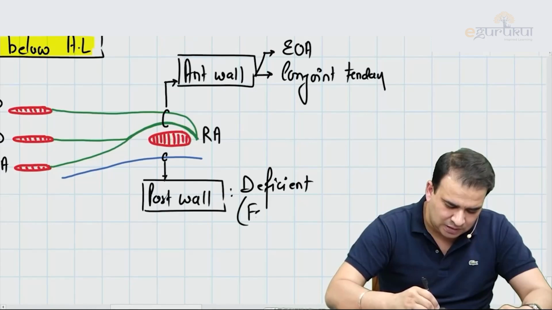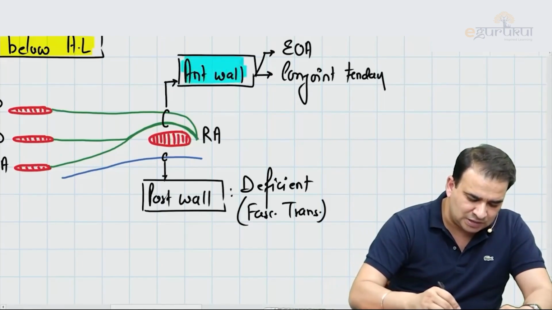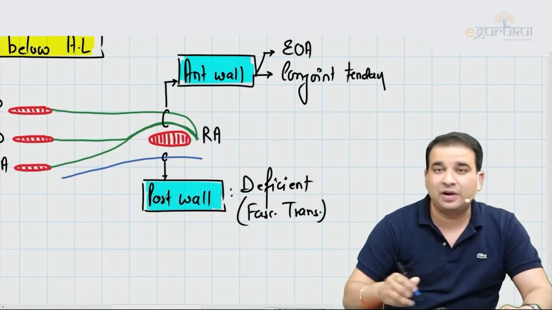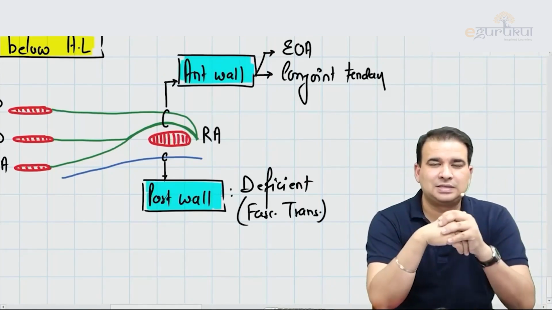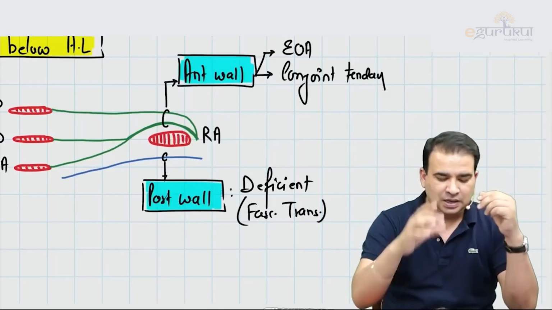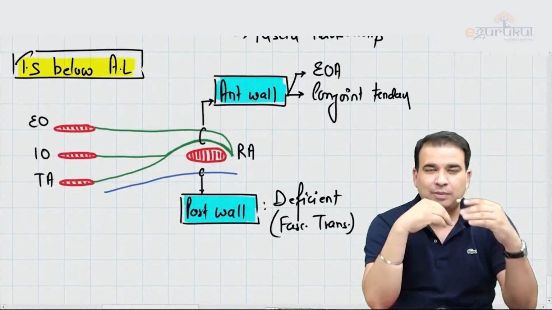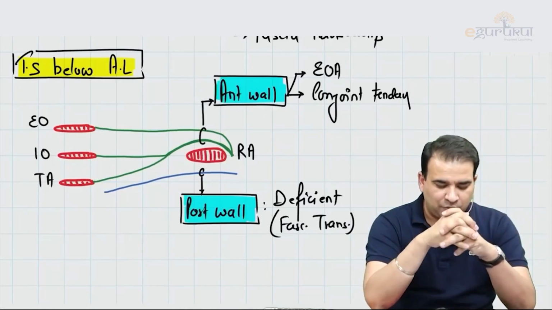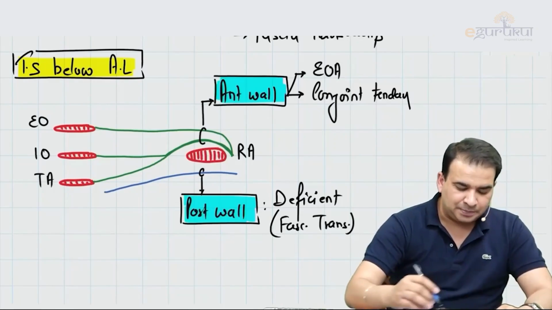All we have here is the fascia transversalis. It's a deficient wall. No muscle aponeurosis is present posteriorly to support the rectus abdominis muscle from the posterior side. So there is a difference in the section of the anterior abdominal wall taken above and below the arcuate line, and that's how the two different types of walls will be seen, one above and one below the landmark that is arcuate line.